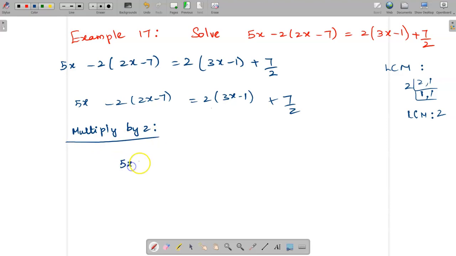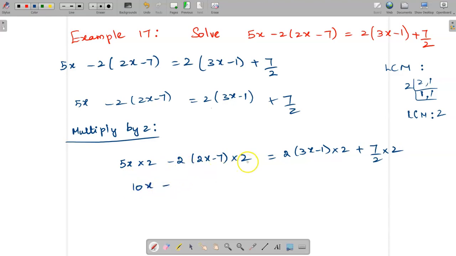So 5x into 2, minus 2 into (2x - 7) into 2, equal to 2 into (3x - 1) into 2, plus 7 by 2 into 2. 5x into 2 is 10x, and then 2 into 2 is 4, times (2x - 7), which is equal to, again 2 into 2 is 4, times (3x - 1), plus the 2 gets cancelled.